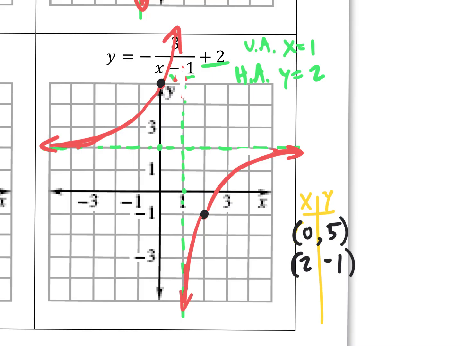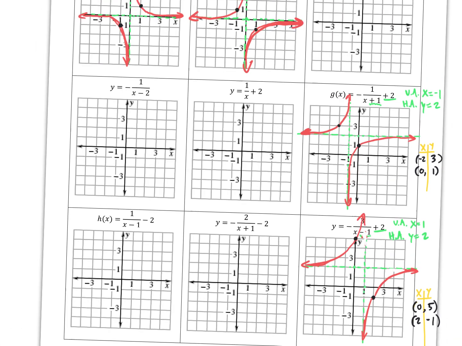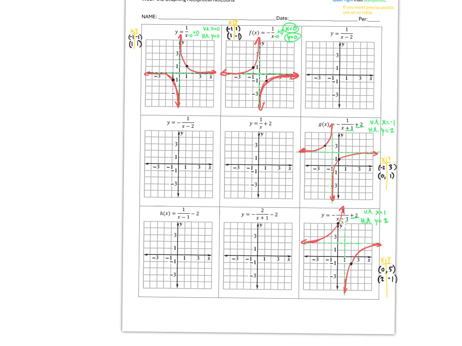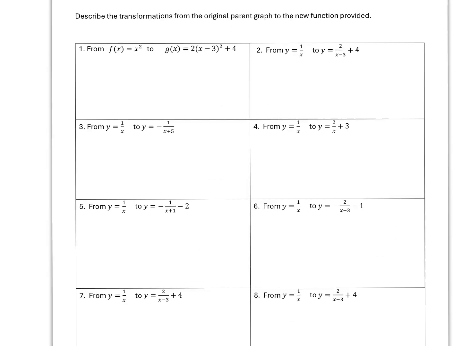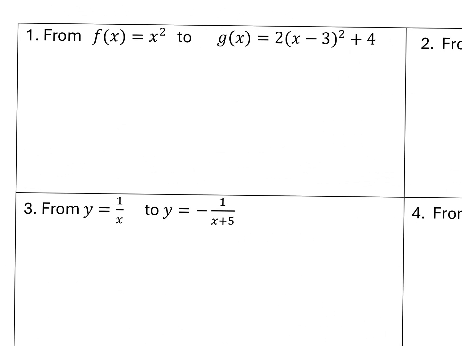Let's take a look at the backside. You guys could work on the rest of these, and the answers are posted on Google Classroom. If you look at the backside, right here we're describing transformations. So if you're like, oh, I'm confused, I hope you guys remember parabolas. Parabolas were pretty simple.